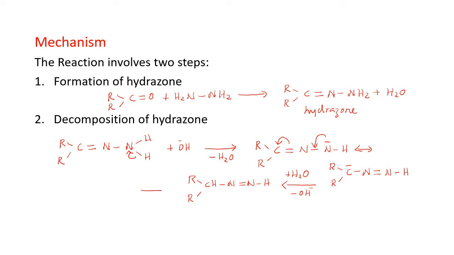So the next step is OH minus ion abstracts the other hydrogen atom and we get the intermediate having negative charge on nitrogen.